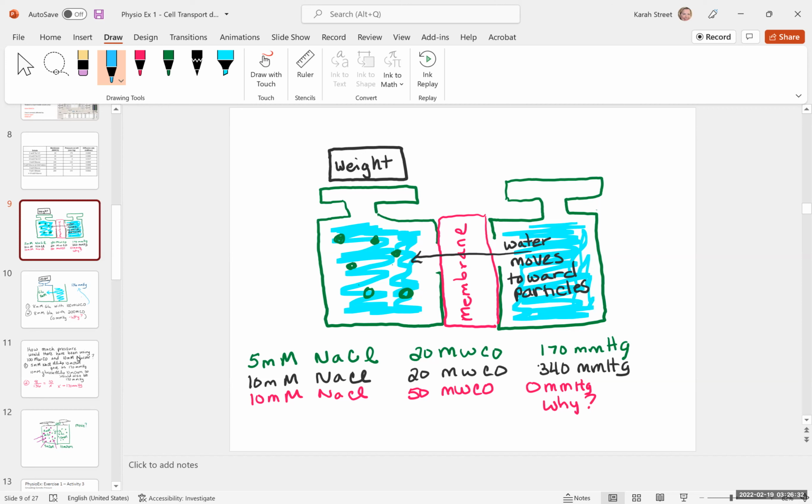Why did sodium chloride move through those pores? Sodium chloride dissociates into much smaller ions. Sodium has an atomic weight of close to 23 and chloride close to 35. Both those numbers are less than 50. So if the solute can move, it will. And there was no osmotic pressure detected.